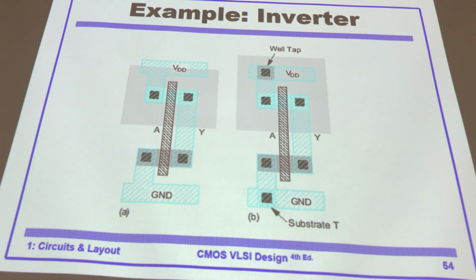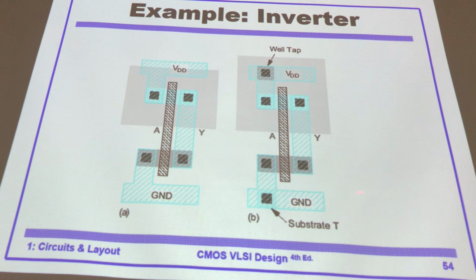This contact connects the ground wire deep into the substrate, such that the substrate can have voltage 0, alright? And the well tag is a hole to connect the wire, the metal going down to the well, such that the well can have high voltage, or signal 1, to make the transistor work.